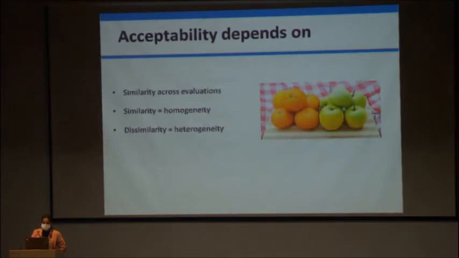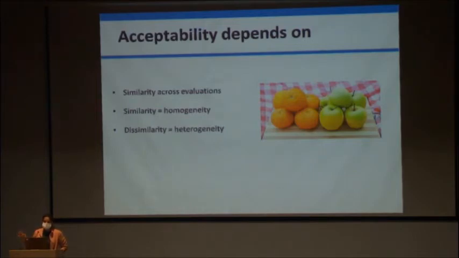The second is inconsistency. Again, this is an easy one to understand. Acceptability of results from a body of evidence depends on similarities across evaluations. So if you have a number of studies included in a particular systematic review, you would want the result to be consistent across all of those different studies.